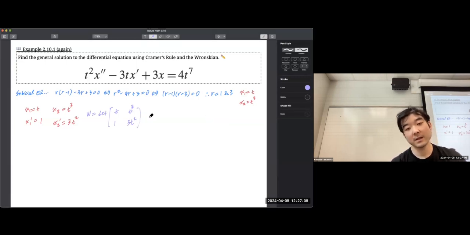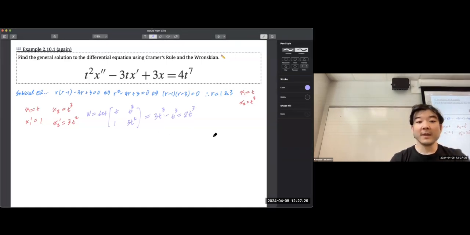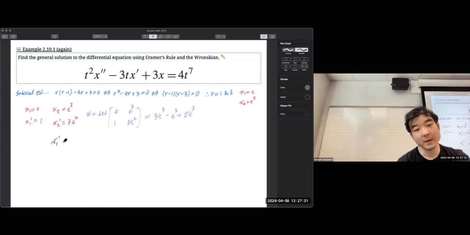Okay, so then you're just going to take these entries and multiply: 3t cubed minus t cubed. So your Wronskian is 2t cubed. And then we're going to use those formulas. v1 prime is equal to negative f x2 over the Wronskian.